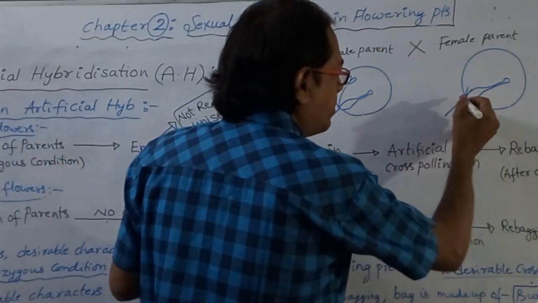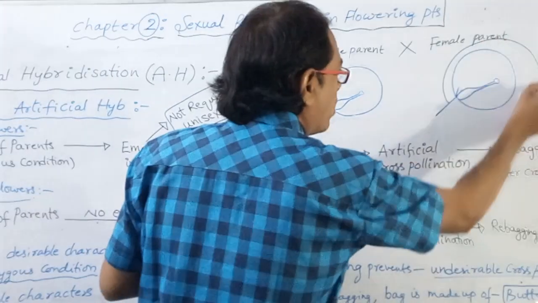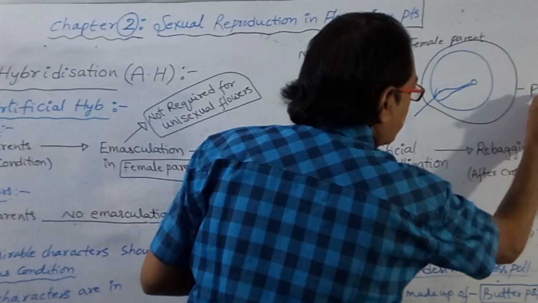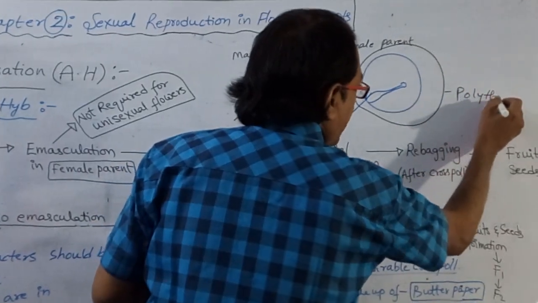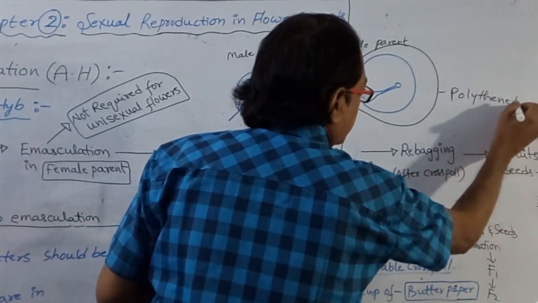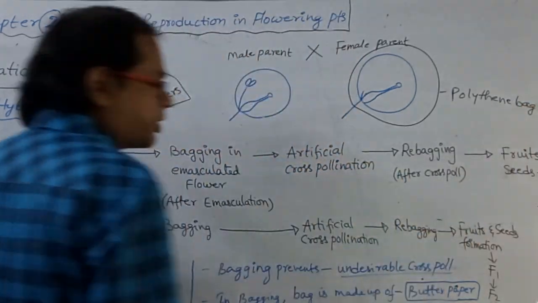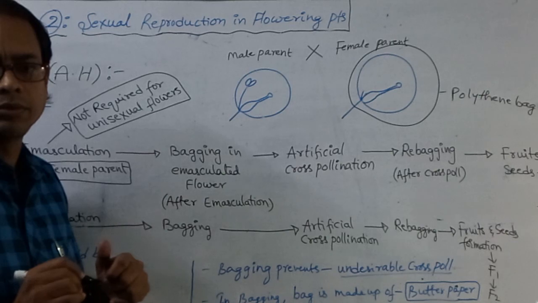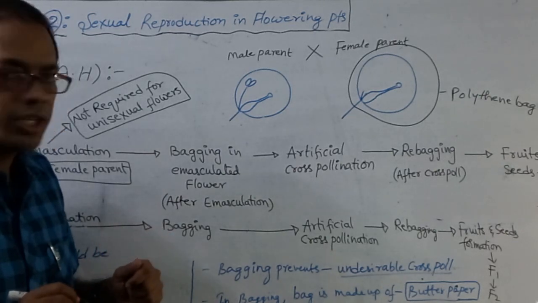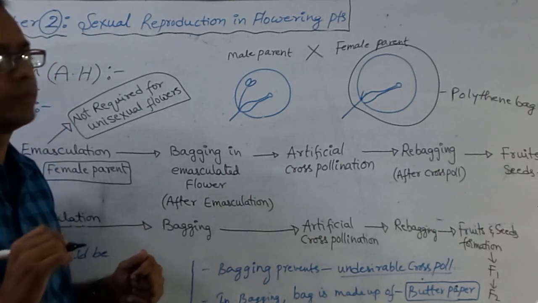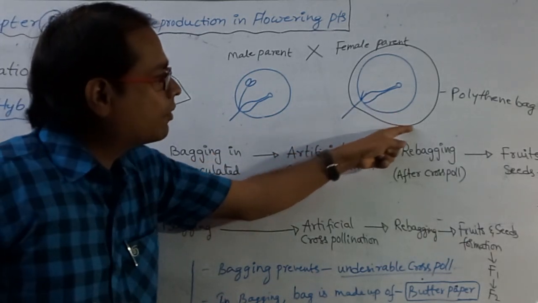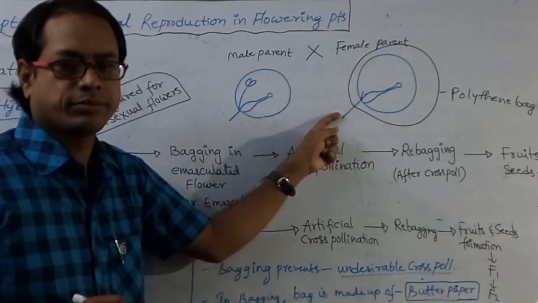Now this emasculated flower is covered by a polythene bag. This polythene bag is made up of butter paper. So the emasculated flower is covered by a bag.